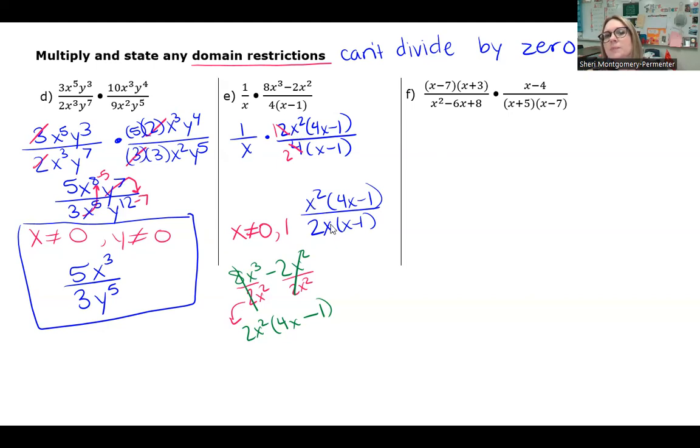Okay, I see it here though. So if I have x over x, one of those will pair up. So 1 cancels. I got to rewrite it again. On the top, I have x and then 4x minus 1. In the denominator, I have 2 and then x minus 1.